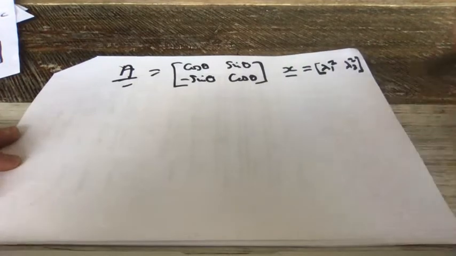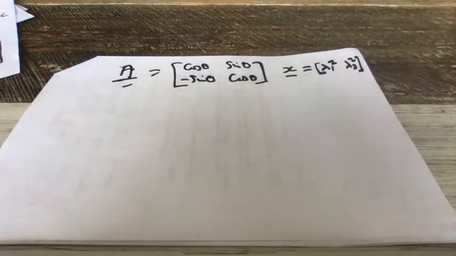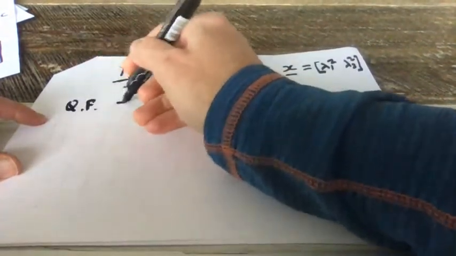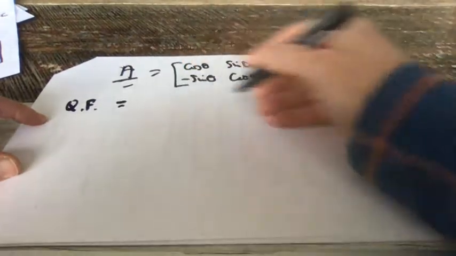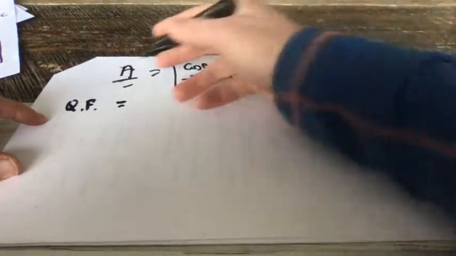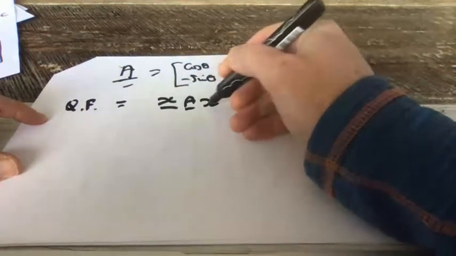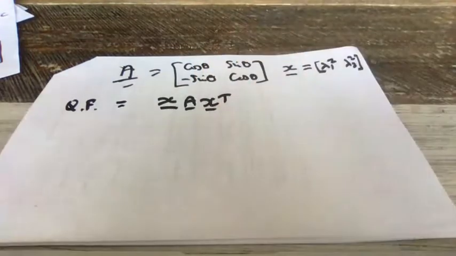Now, in this case, because x is a row vector, to calculate the quadratic form here, I need to have a column vector here and a row here. So I'm going to calculate x, A, x transpose. That's what I'm going to do.